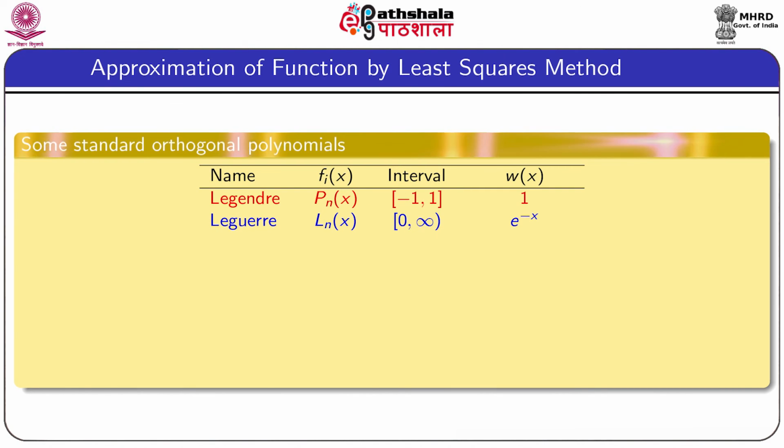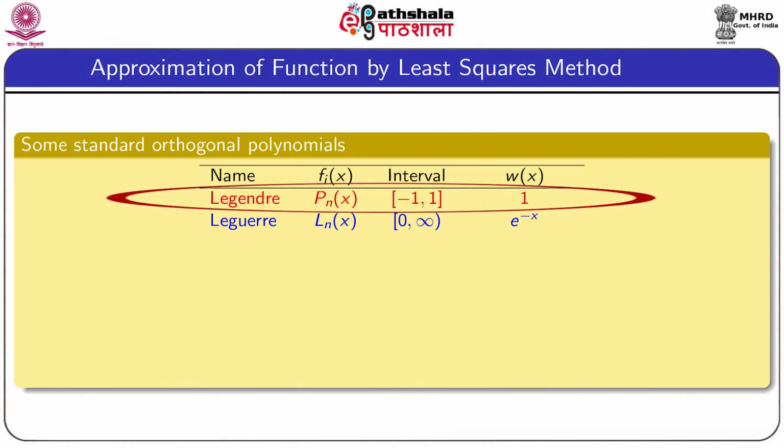Now, we consider some standard orthogonal polynomials which are commonly used in many mathematical problems. The first orthogonal polynomial is called the Legendre polynomial, denoted by P_n(x).